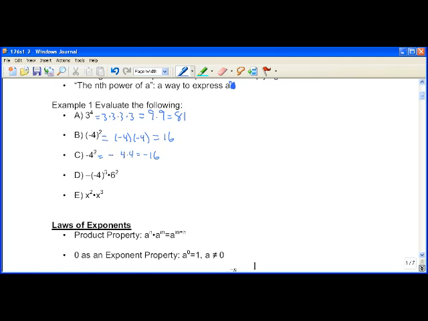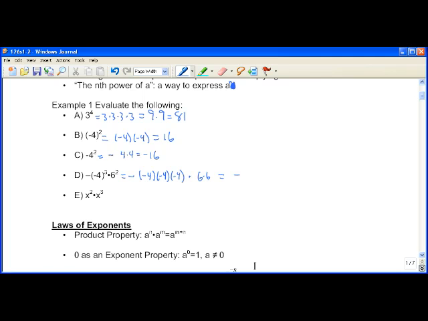And for d, we have the negative of negative 4 cubed times 6 squared. So we're looking at the negative of negative 4 times negative 4 times negative 4 times 6 times 6.